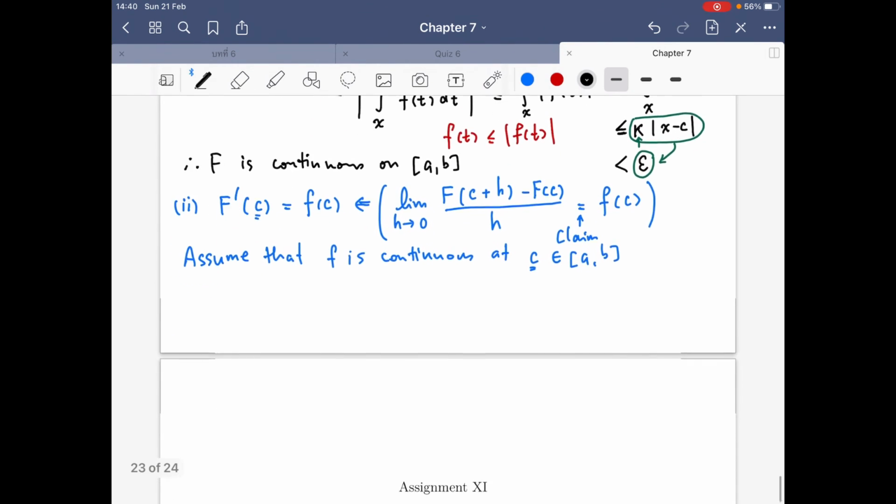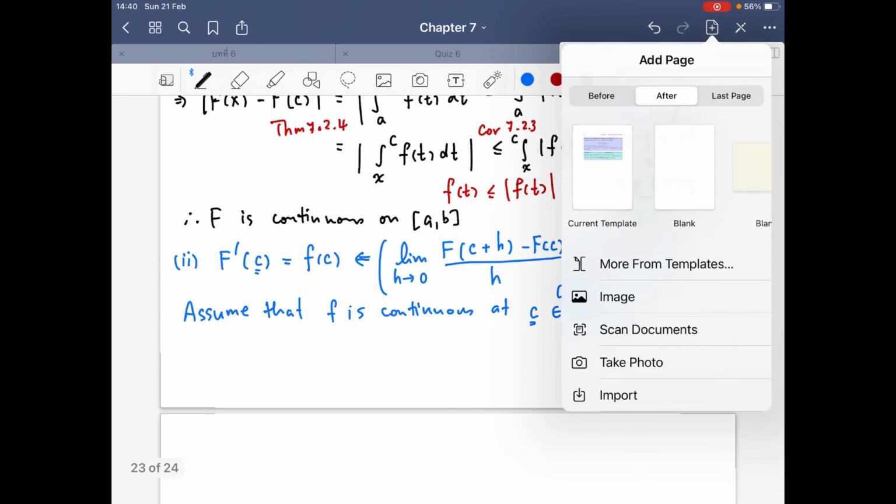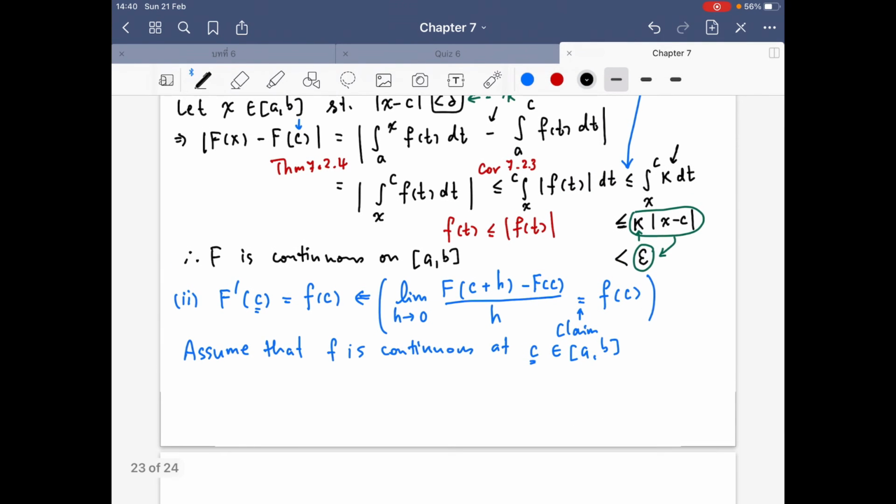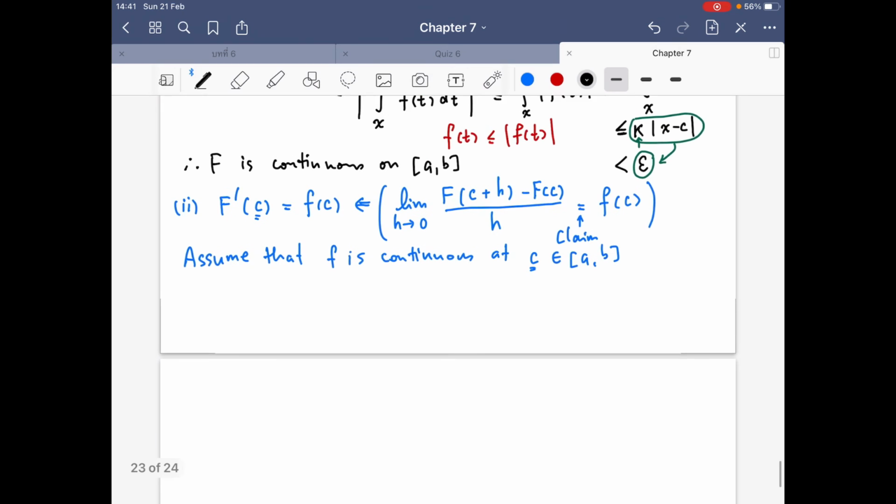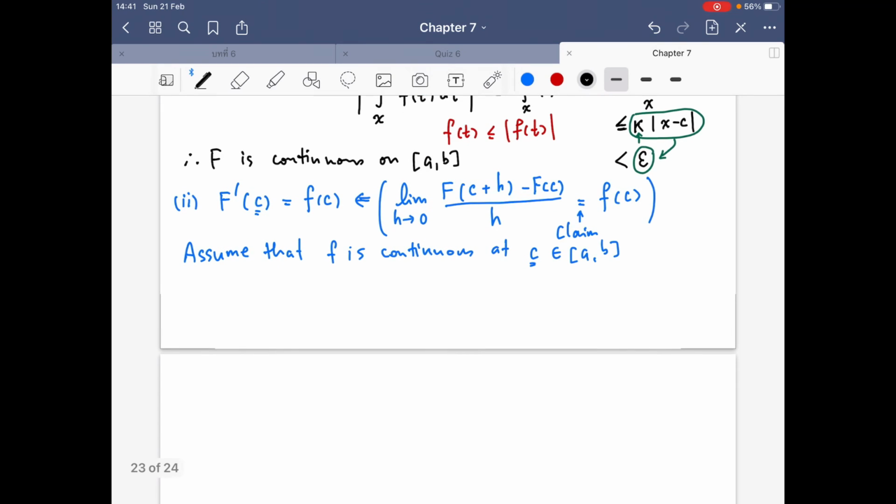So for this one, let me just insert one more page. Okay, what is it that we know? We need to prove this limit, right? So we are going to, of course, given epsilon positive, by the continuity, find the eta, instead of a delta, right?